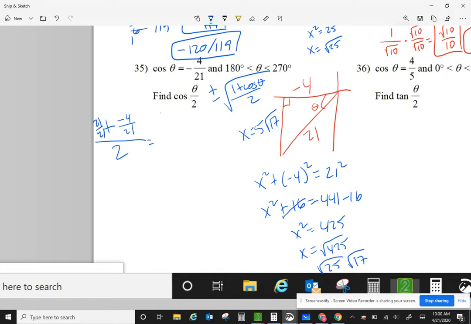So that means I have 17 over 21 all over 2 over 1. So I have 17 over 21 times 1 over 2. That means that I have 17 over 42.